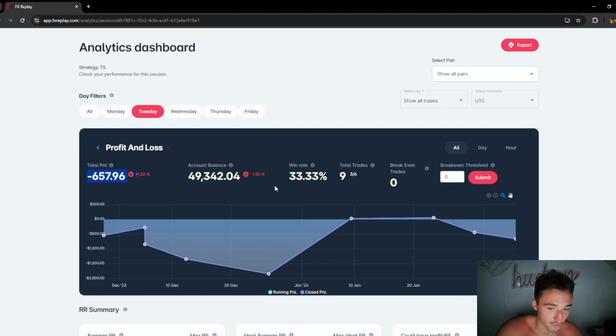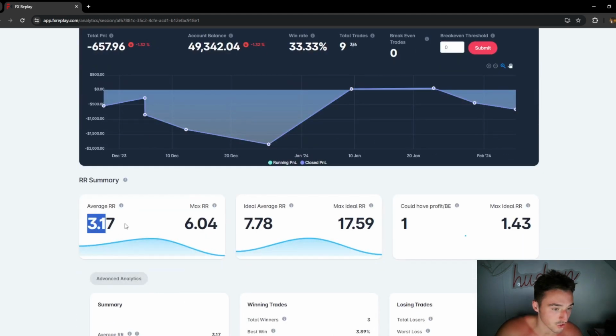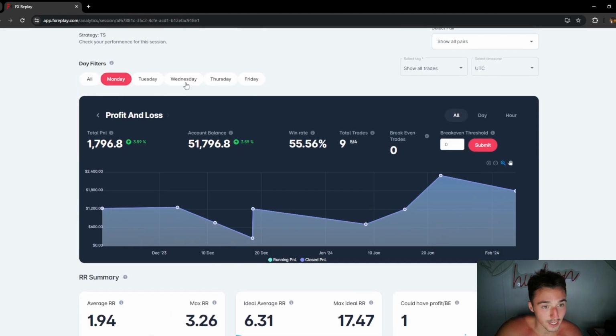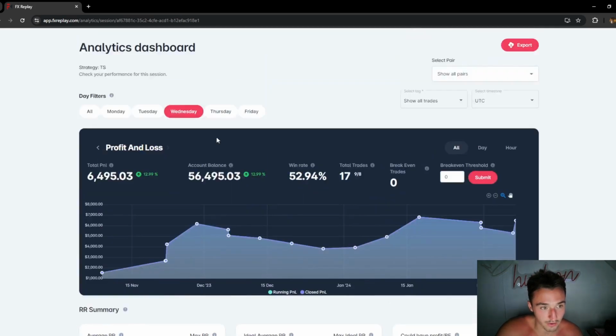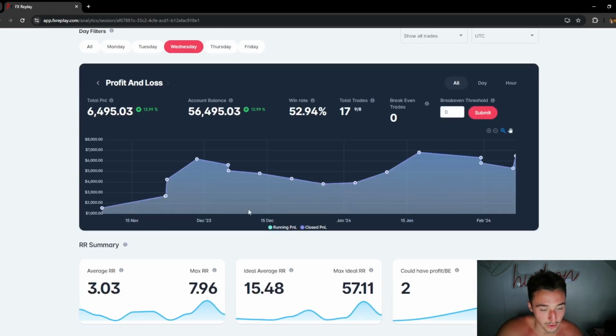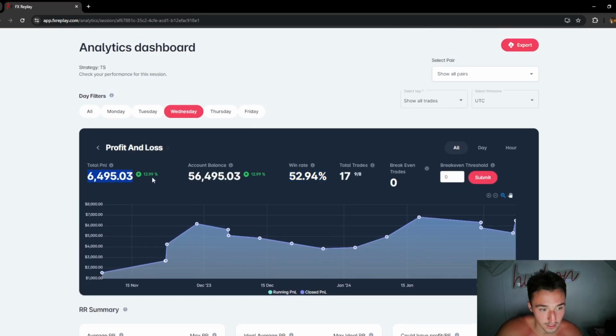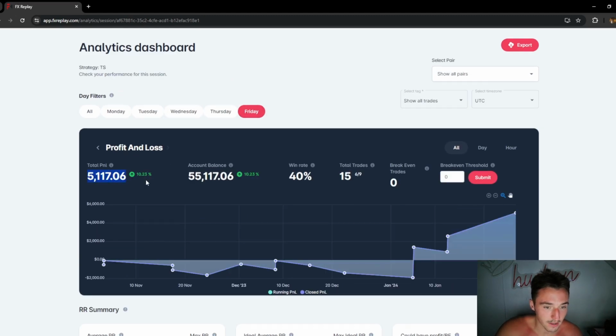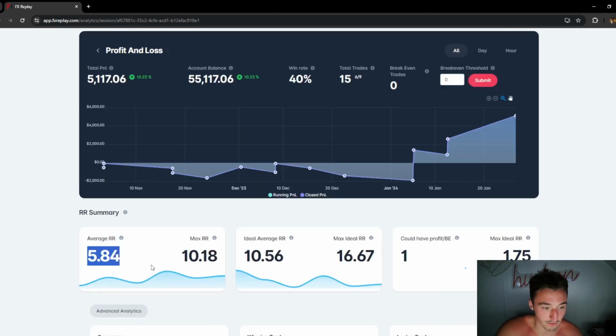Tuesday, I was red, 33% win rate, but average RR stays up there, right? Average R on Monday was actually a little less than 2. Average R on Wednesday is 3, 52% win rate, 6K. Thursday, red, 30%. Average R is still above a 2. Friday, 5K, 40%. Average R is a 5.